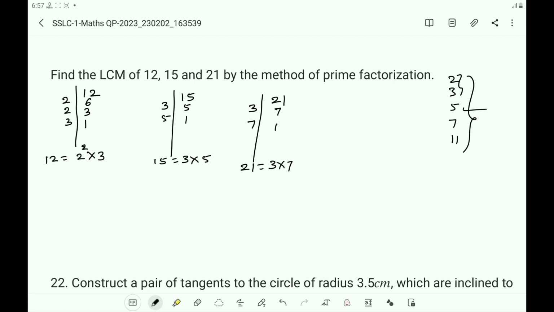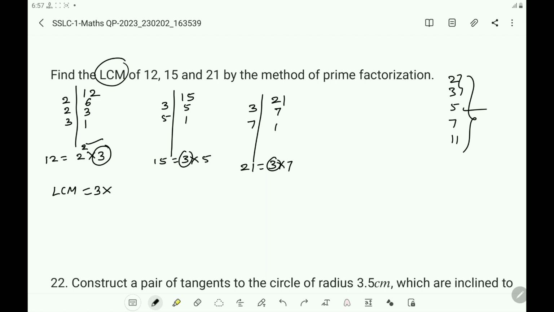Next, write the LCM. LCM equals, first, you find the common factors. What are the common factors here? 3 is there, 3 is there, 3 is there. You write that one, 3 into 2 square, since the other numbers do not have the factor 2.